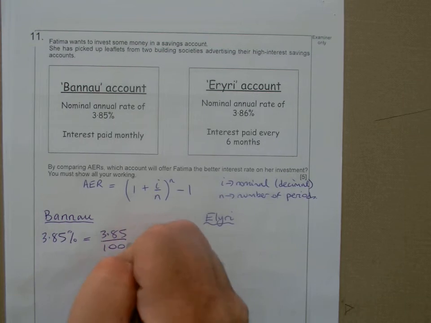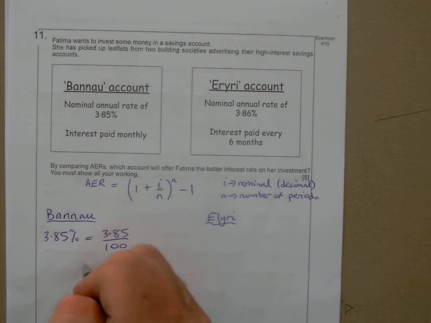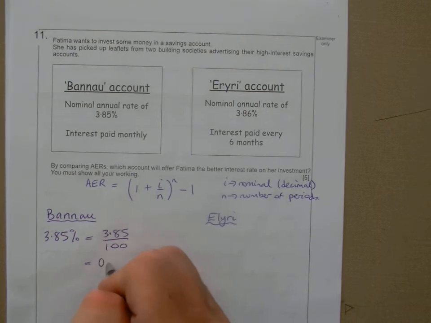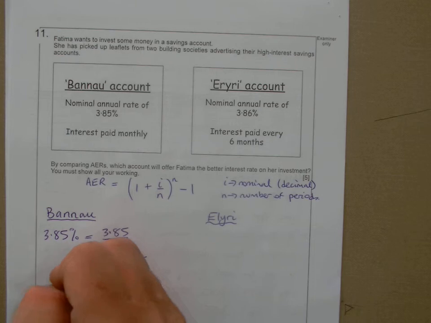But you can always double check on your calculator to make sure you're getting this right, because 3.85%, obviously it's a fraction out of 100, so divide that by 100 and check on your calculator in the exam just to make sure you're doing it right, and you get 0.0385 as a decimal, so that's what I is.